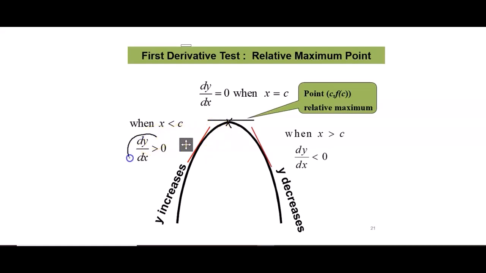If your dy dx shows positive, it means that your y at the left hand side is increasing. Substitute again a point which is greater than our stationary point into the dy dx. If it gives you a negative value, it means that your y is decreasing.